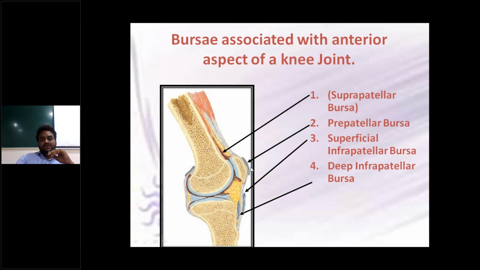These bursae are also very important in clinical anatomy. We see the importance of these bursae.